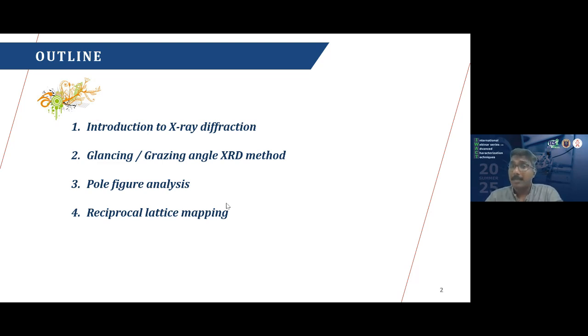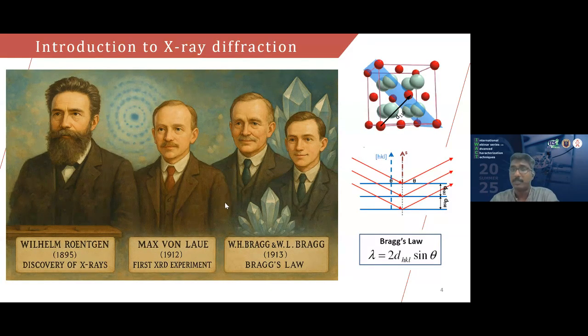When lambda is kept constant, we can directly relate the interplanar spacing with the angle of diffraction. Thus, from the angle of diffraction, we can directly determine the interplanar spacing, and from that we can determine the structure of the materials. This equation plays a very important role in interpreting XRD as well as determining crystal structures.